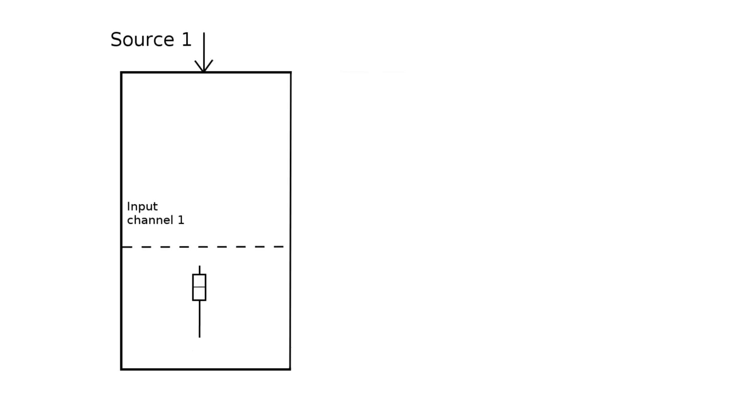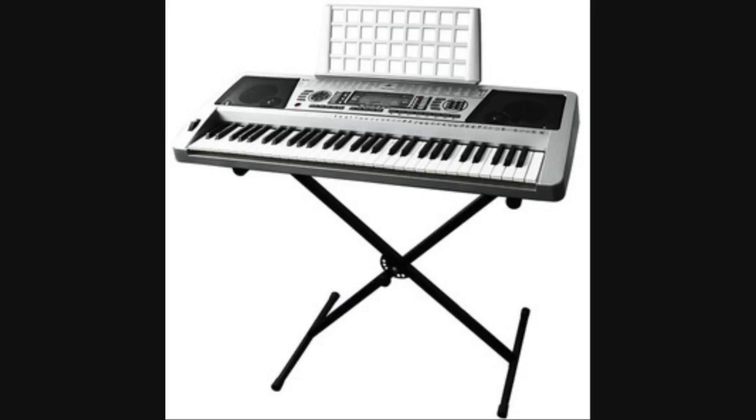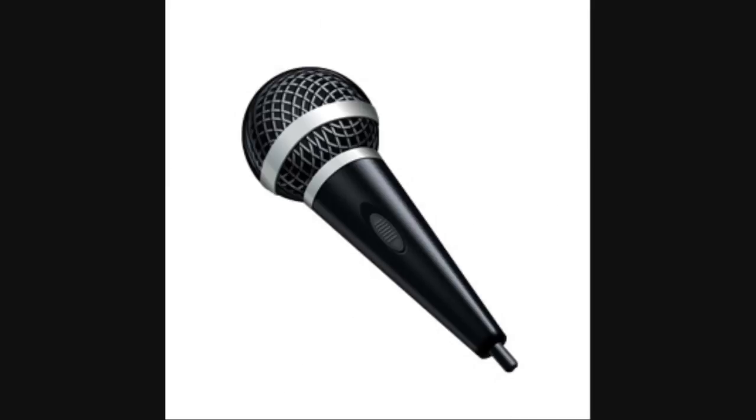Now, this is the point at which I need to introduce the fact that different types of source produce electrical signals of rather different strengths. For example, an electric keyboard will typically produce a much stronger signal than that produced by a microphone. Also, most mixer inputs are designed to be able to receive signals of a wide range of strengths.